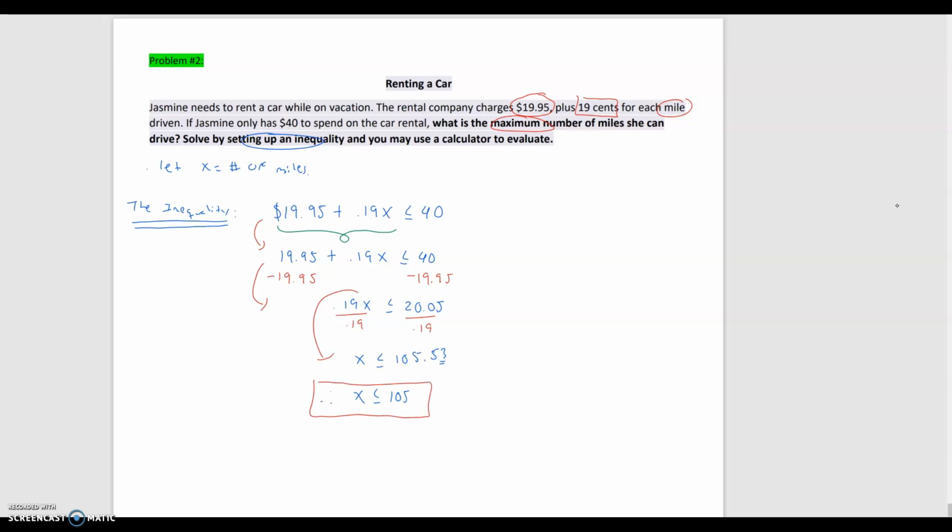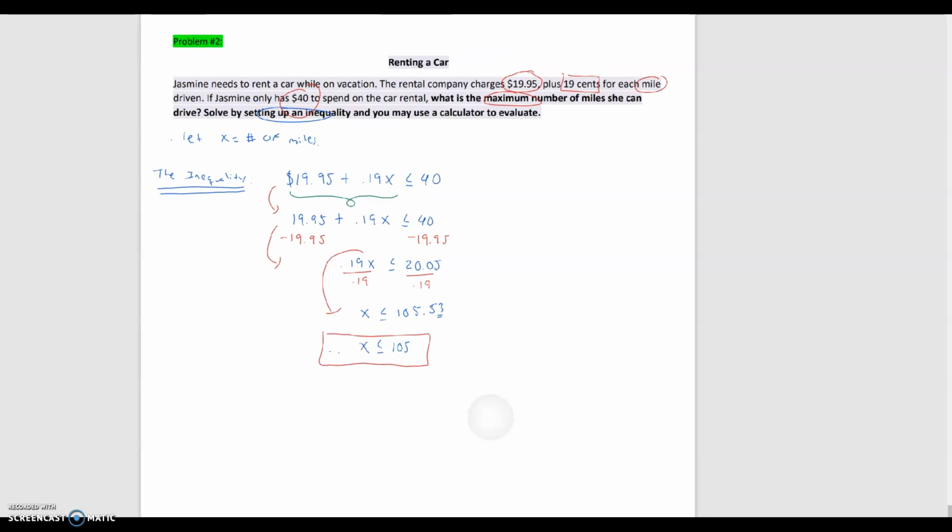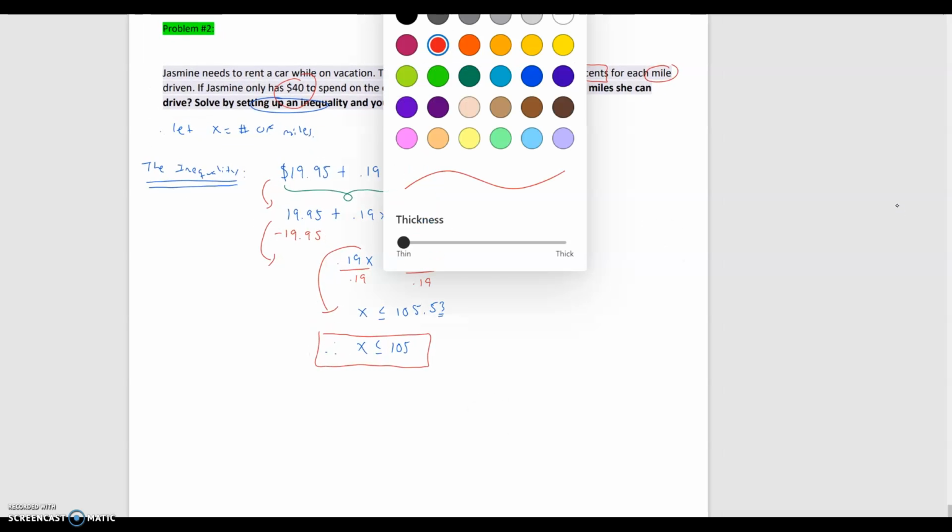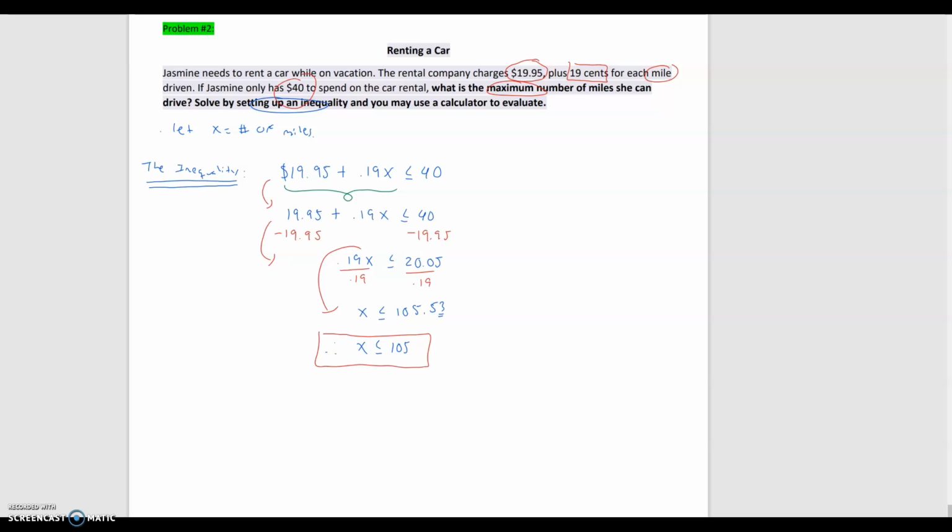Remember that the most money they're willing to spend on this car rental is $40. So let me rewrite it as a sentence. In this case, the maximum number of miles is 105 miles.